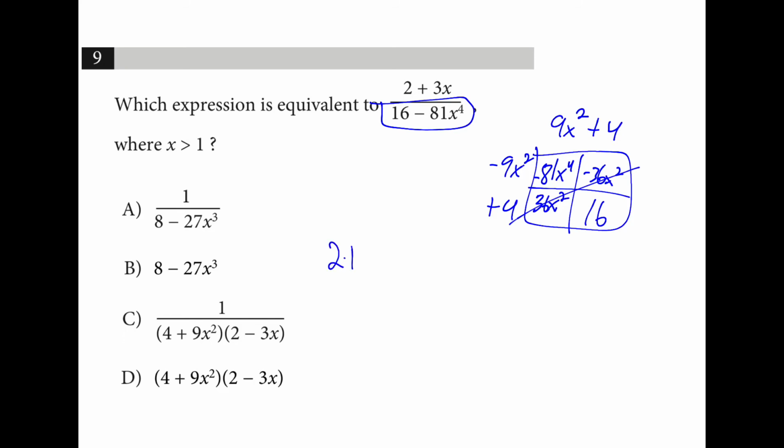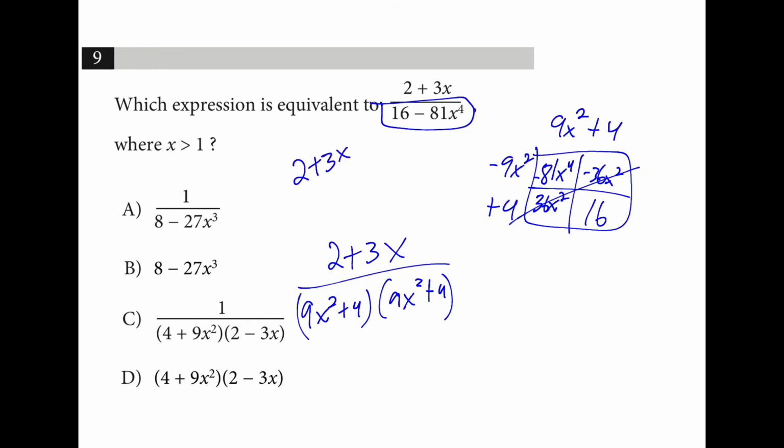So let's rewrite that. 2 plus 3x all over 9x squared plus 4 times 9x squared plus 4. And actually we can rewrite one of these, because if I take 2 plus 3x and 2 minus 3x and multiply those, that gives me 4 minus 9x squared, which is the same thing here.